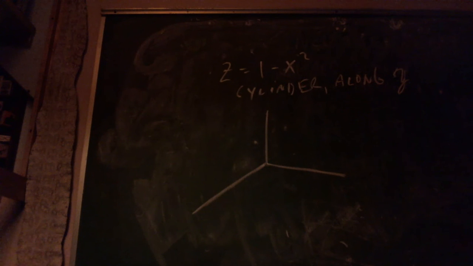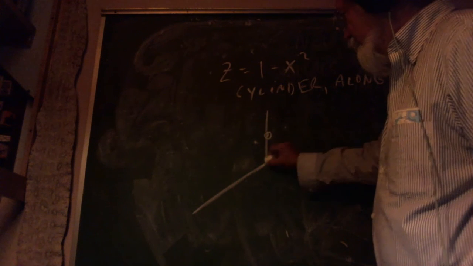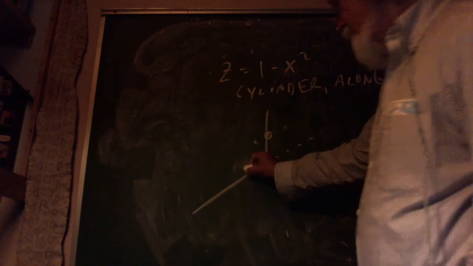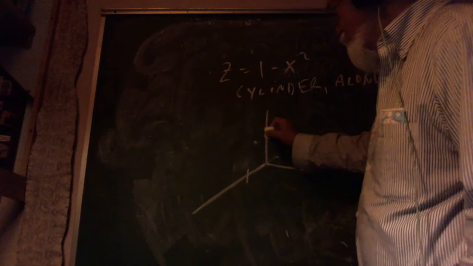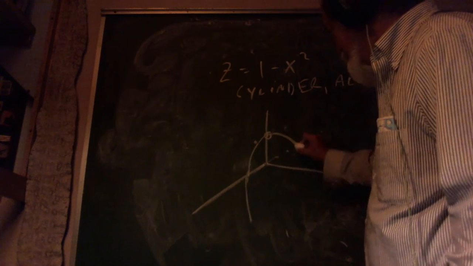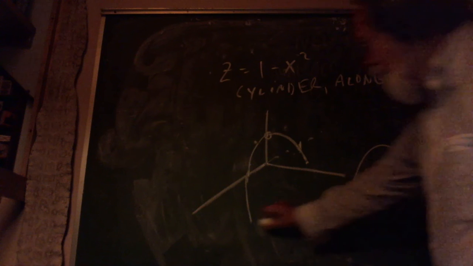So I'm going to try this thing, see if I can get it in one shot. Z equals 1 minus x squared. So when x is 0, z is 1. When x is 1 or negative 1, z is 0. So I've got a parabola coming down like this, and it continues to come down. So all I got to do is draw another shape like that one over here and draw this.